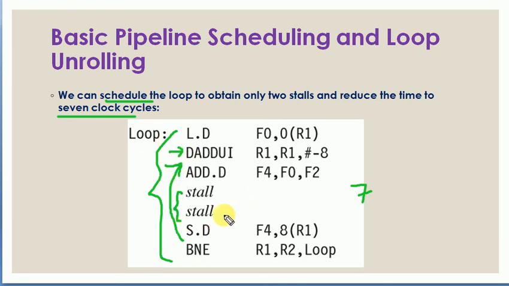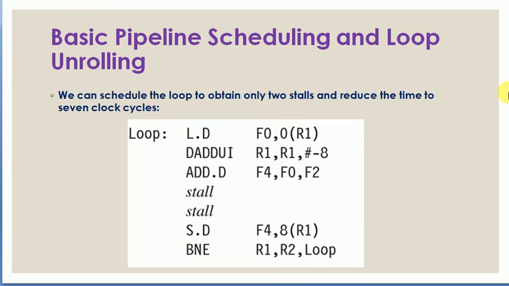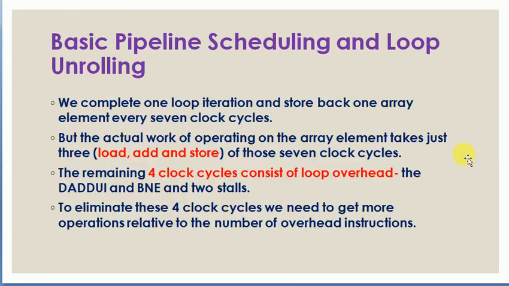So for the total iterations, it will take only 7000 clock cycles. So we are saving 2000 clock cycles for the execution of this entire for loop. So we complete one loop iteration and store back one array element every 7 clock cycles.